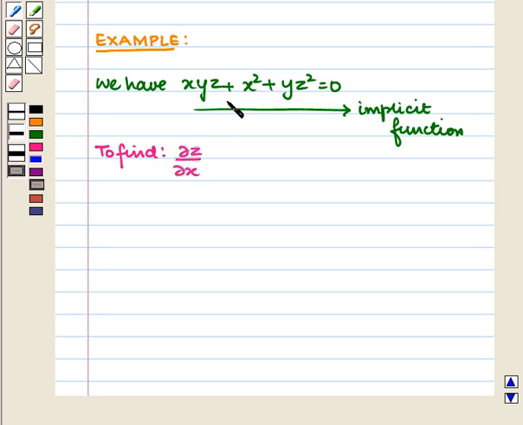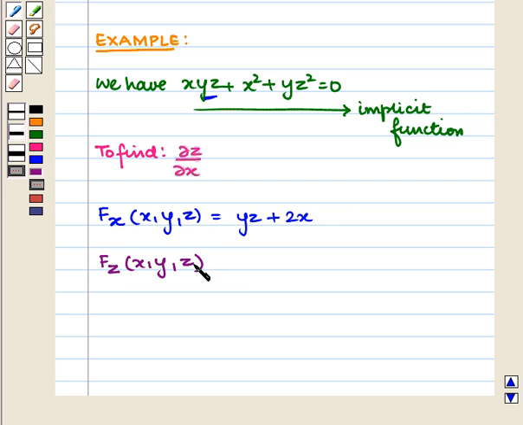First we differentiate this function with respect to x, treating y and z as constant. We get f sub x of xyz equal to yz plus 2x. Now we differentiate with respect to z, keeping x and y constant.